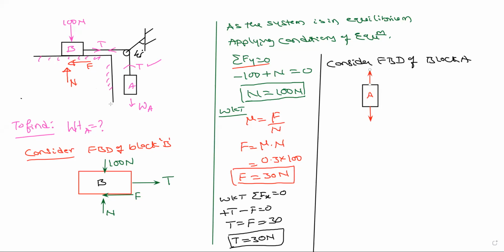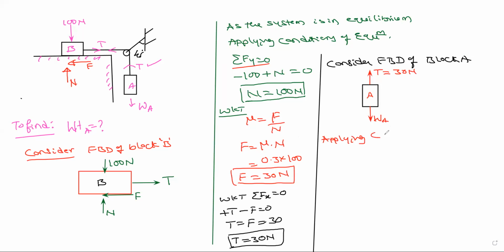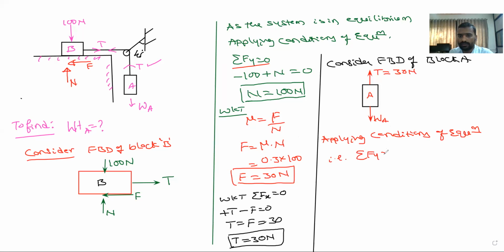Next, so this is T and this is weight Wa. Then in order to find out the value of T, what is the value of T? This is already you have found out, 30 Newton. So applying conditions of equilibrium, that is summation of sigma Fy is equal to 0.